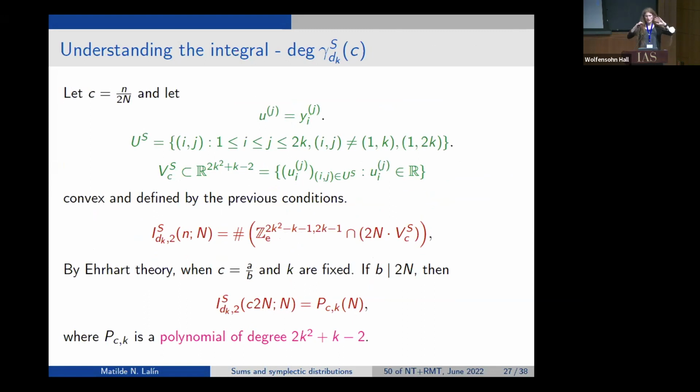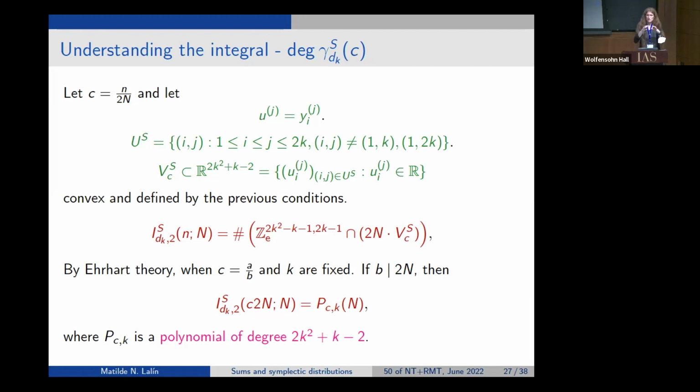Counting the number of solutions y ends up being the same as counting the number of points in a certain lattice intersecting this polytope. The lattice is a bit technical, so some numbers have to be even. I wrote a little e here because there are 2k minus 1 variables that have to be even.